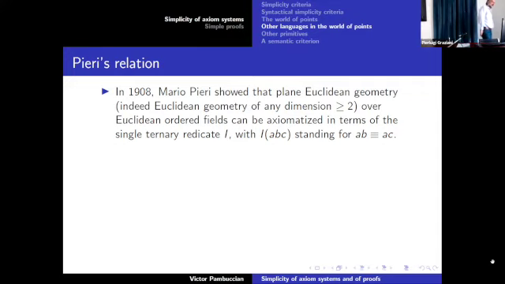So what Pieri did in 1908 was to show that Euclidean geometry over Euclidean ordered fields can be axiomatized in terms of just one ternary predicate. This isosceles predicate: A, B, C are in this relation if AB is congruent to AC. So you can call it a kind of equidistance among 3 points, not 4, as we have it in Tarski.